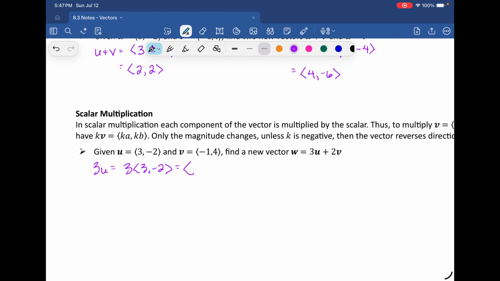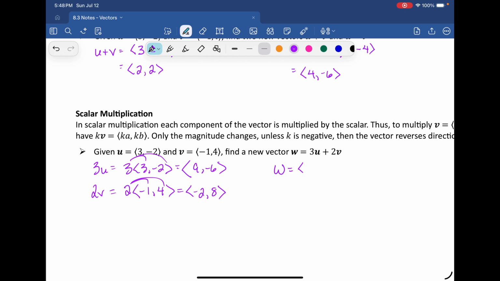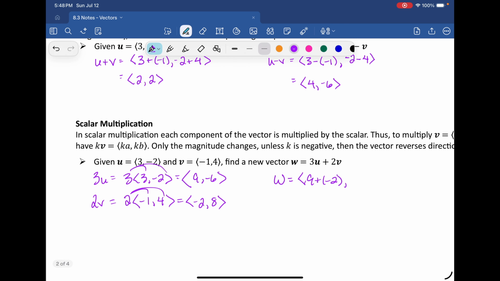So this is 9, -6, 2v. Distributing, I distributed here. That's where I get the 9 and -6, and distribute here. And then we're going to add the two parts. 9 plus -2. -6 plus 8.